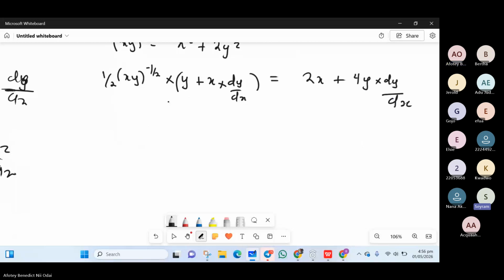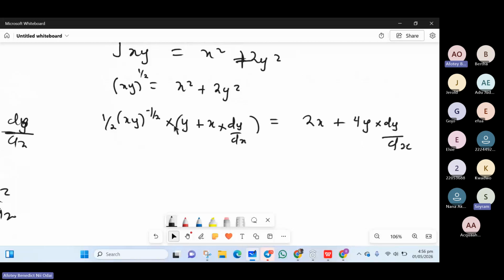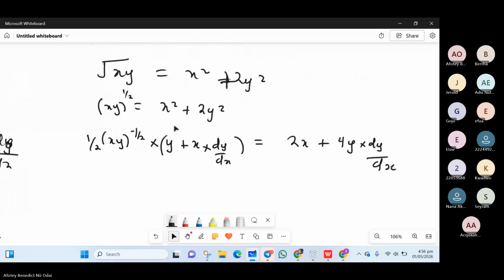So hold on. I'm a bit confused with how you open the square root part. Can't you just use the product rule to do this, or is it not going to work? Okay.